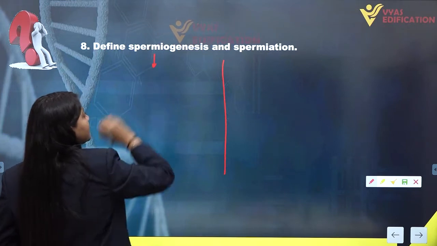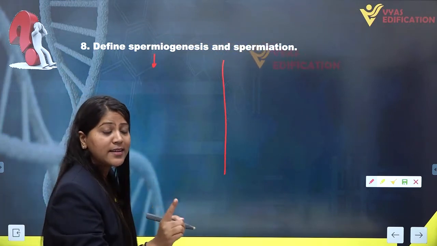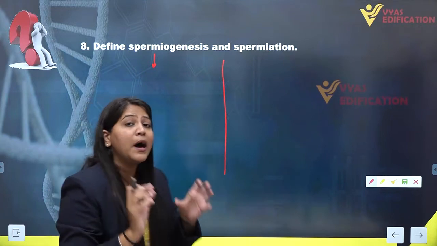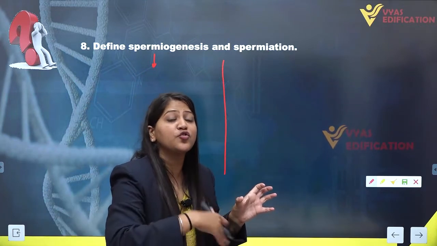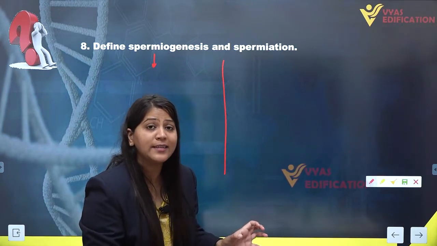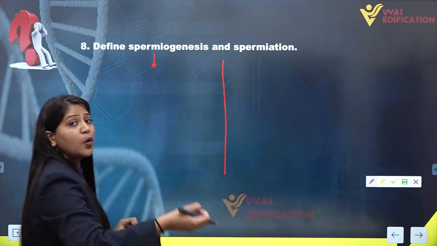Spermiogenesis is a process through which spermatids transform or differentiate into spermatozoa or sperm cells.